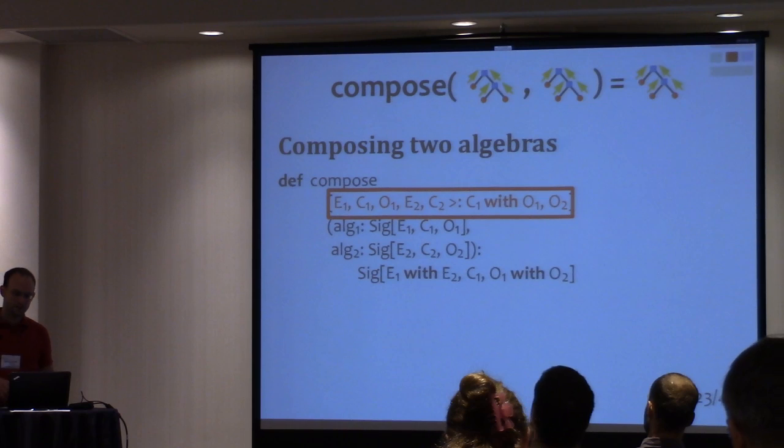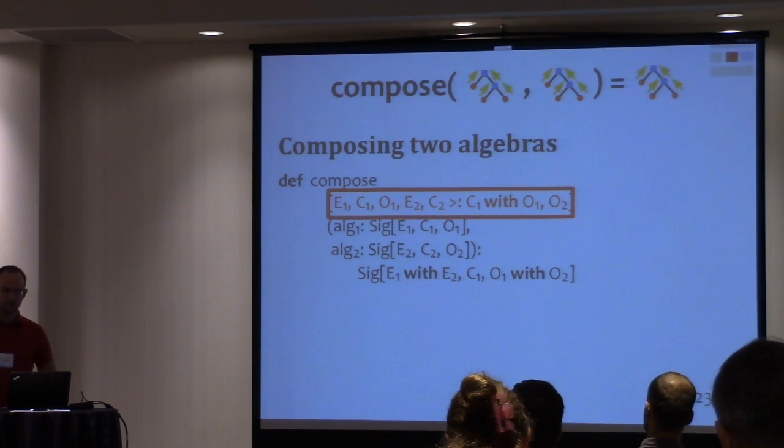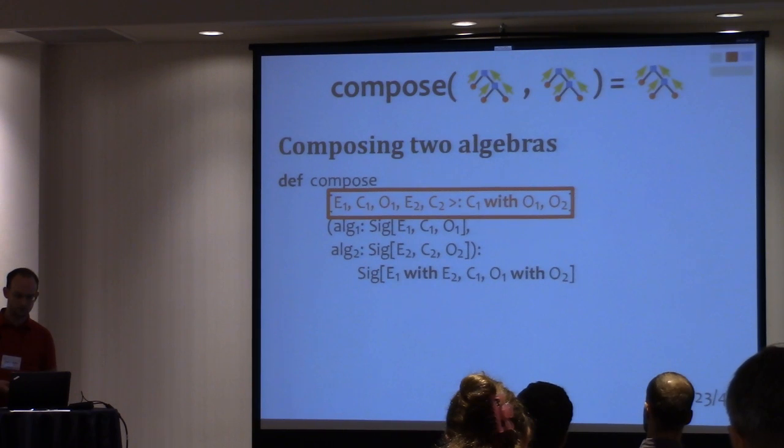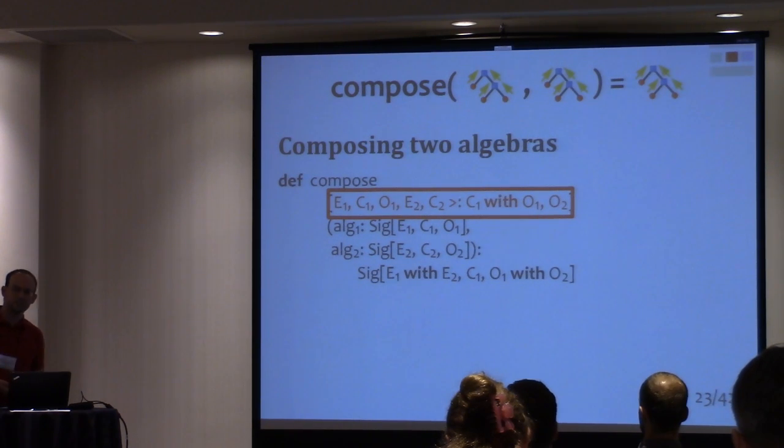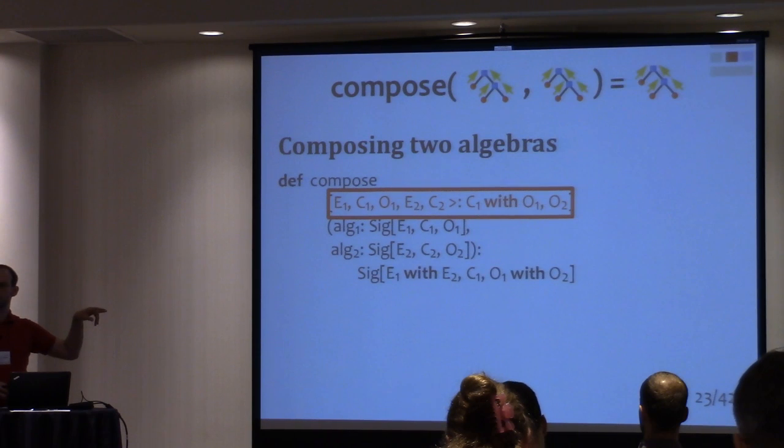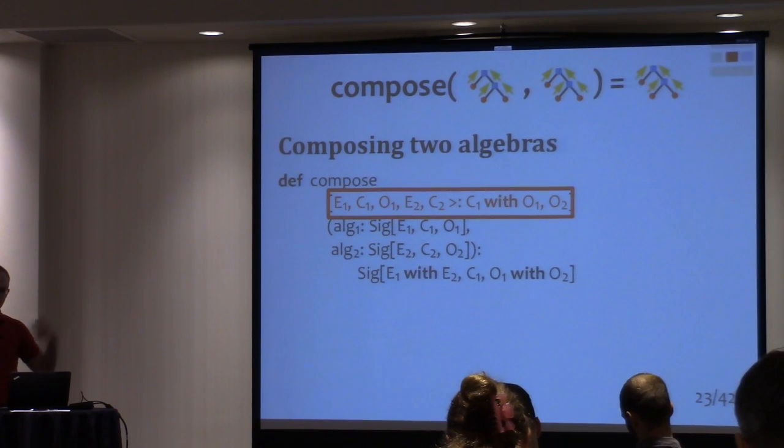The constraint says that the context of the second algebra contains at least the information that's in the context from the first algebra together with the output from the first algebra. So again, we see the fixed order here, because the output from the first one is merged into the context for the second one. So it's available for the second one.